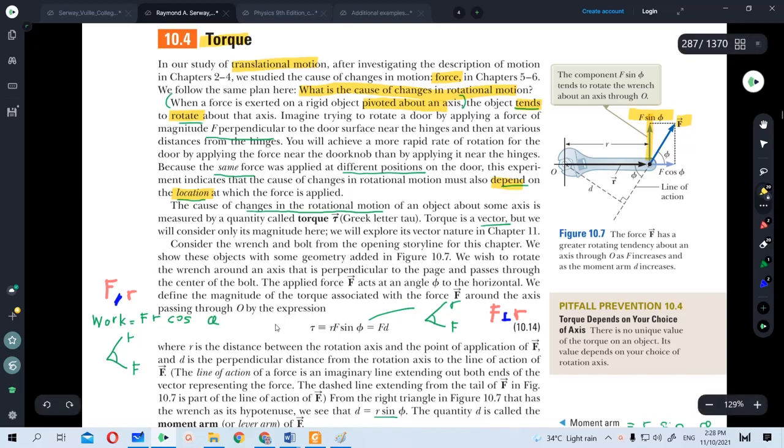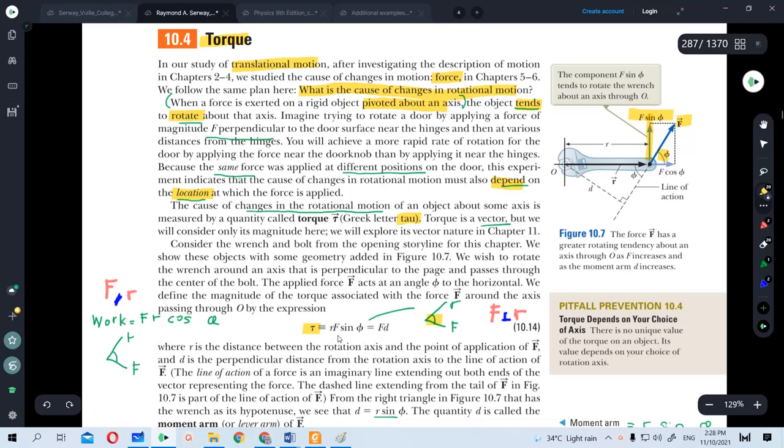Now, by considering the two things just now, the angle and the location, you find that torque, with the Greek symbol tau, is the product of r times F times sine theta. So what is theta? The angle between r and F. Look at the figure, similar to this one.